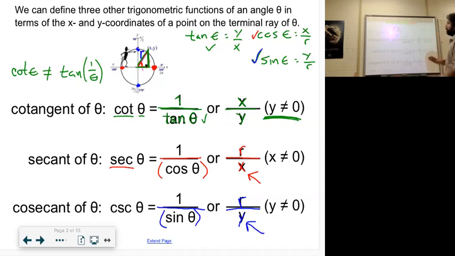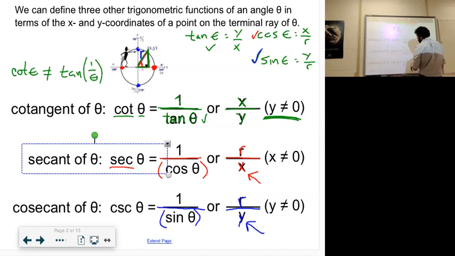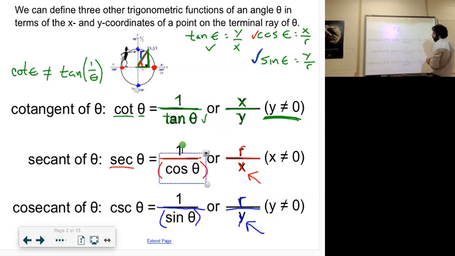The other thing I wanted to point out quickly is that students try to find ways to connect the abbreviated name for the secant function with the reciprocal idea. The one thing I want to point out is that these letters aren't consistent.